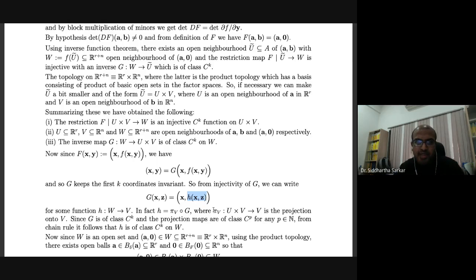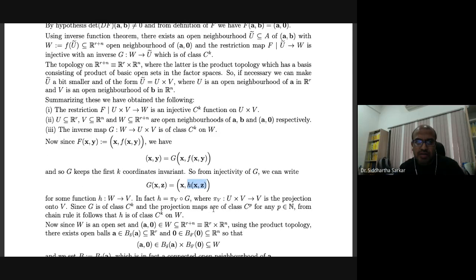So the point is there exists a function h(x, z) which matches this description. That is kind of immediate: just set z over here and you get something which depends on both x and z. But now the problem is, how do I make sure my h is nice? In a sense, h should be continuous, h should be C^k, and so on.